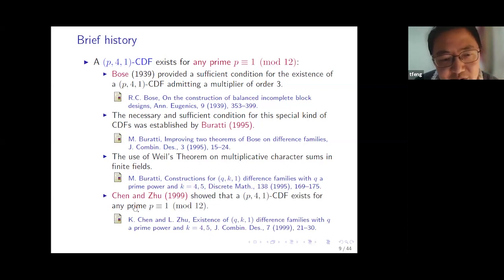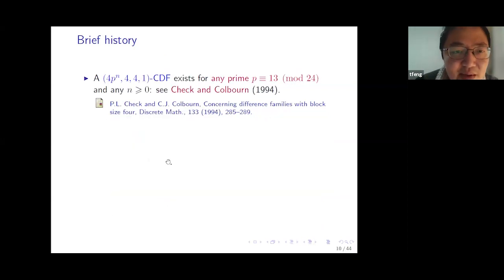For the lower cases, Chen Kejun and Zhu Lie first improved the bound of v, and then used computer search to solve all the smaller cases. So now people can see for any prime p that is 1 modulo 12, a (p,4,1) CDF always exists.